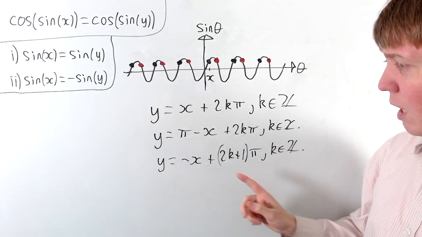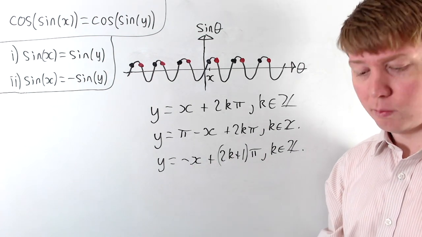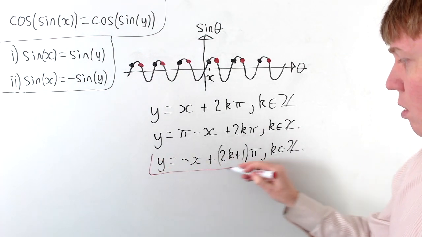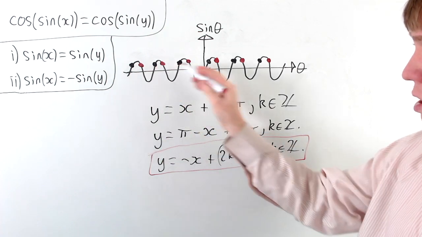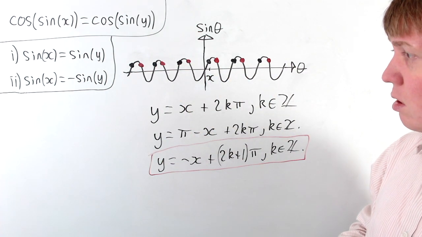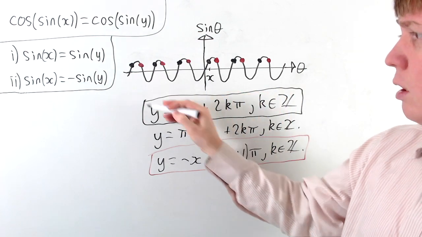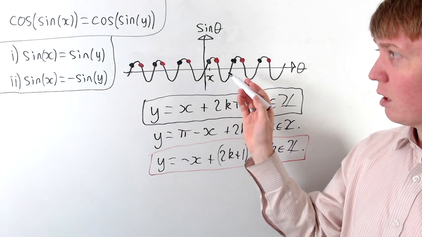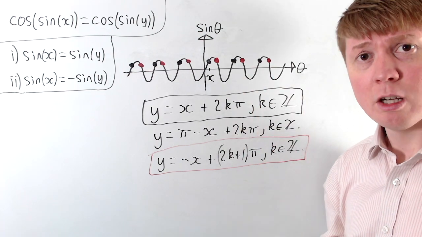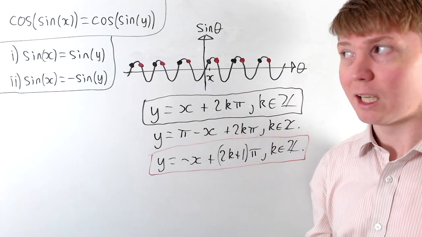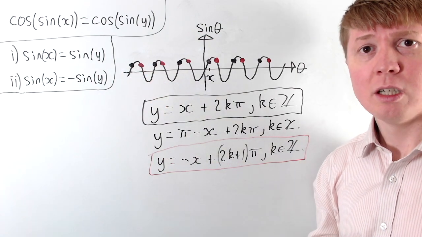So you can see here we've now got negative x plus any odd multiple of pi will give us solutions. So these are our solutions in red here. And then we've also got the solutions of the form y equals x plus some even multiple of pi like this. So this will then give us, for any fixed value of x, all of our possible values of y, so that sine x is equal to sine y.